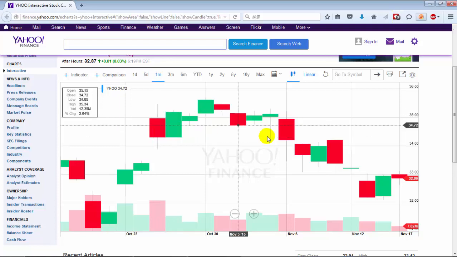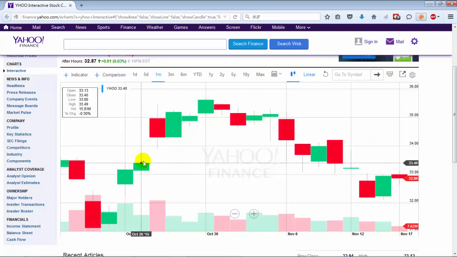The idea of a gap, you could probably see that there's a big space here, a big space here, and a big space here. The idea of the gap is when a candlestick's bottom wick or shadow doesn't touch the previous day's upper wick or shadow, or the day's top wick or shadow doesn't touch the previous day's lower wick or shadow.